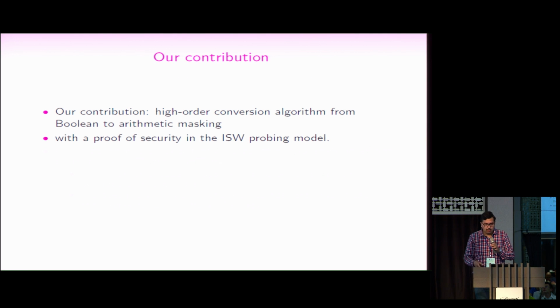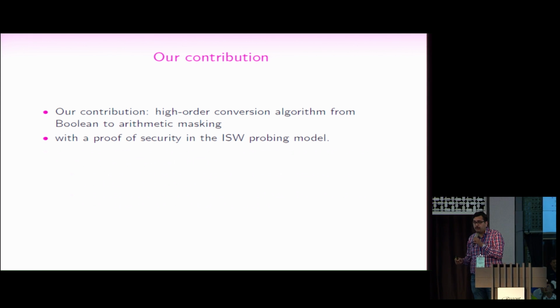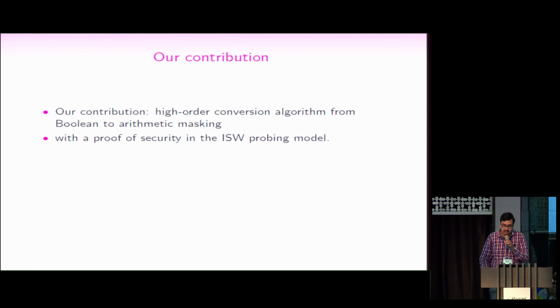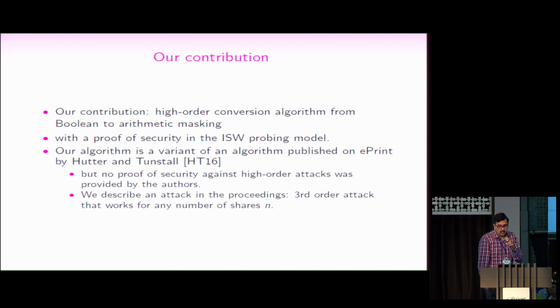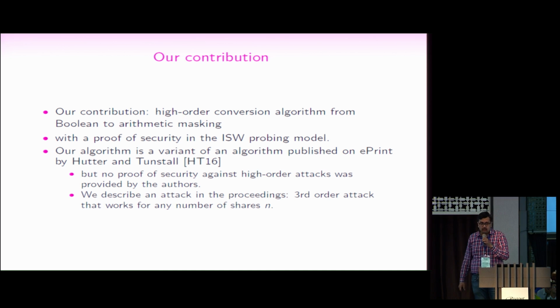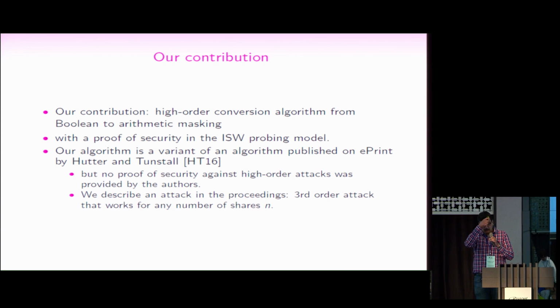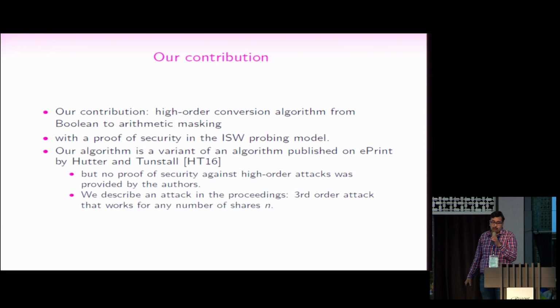So what has been proposed is a conversion algorithm from Boolean to arithmetic masking that works at any arbitrary order, with a proof of security in the probing model of Ishai, Sahai, and Wagner from Crypto 2003. The proposed algorithm is a variant of an algorithm that was very recently proposed by Hutter and Tunstall, and it was put up on the ePrint archive.